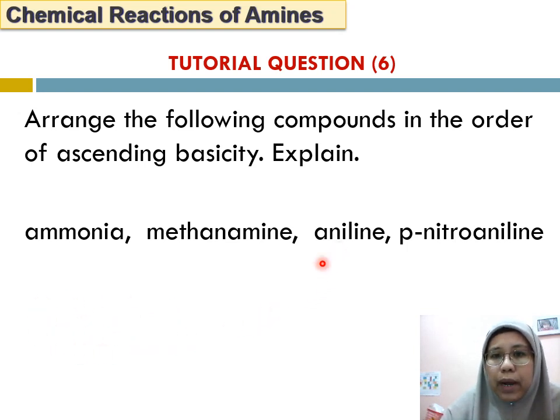And then followed by aniline, because aryl amine has a weaker basicity compared to ammonia and aliphatic amine. Ammonia is number 3 here. The highest basicity is for methanamine because EDG, the methyl, is attached directly to N, where it will give an inductive effect whereby EDG would donate its electron, so the electron is more available to be bonded with H.